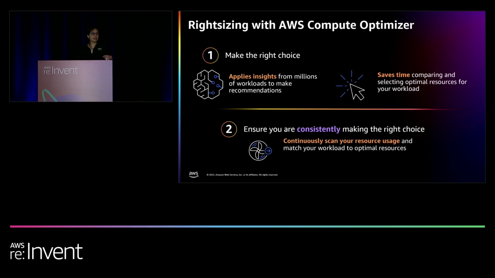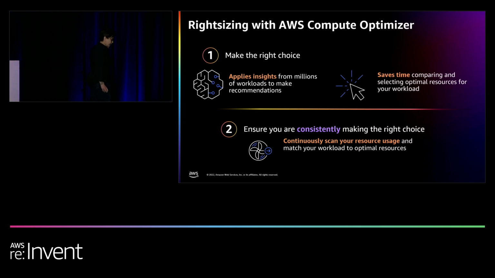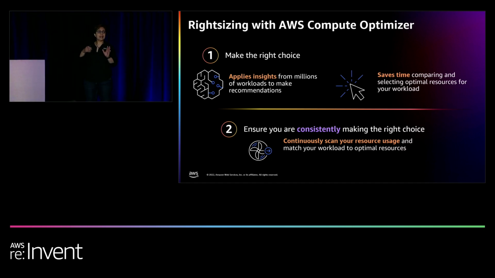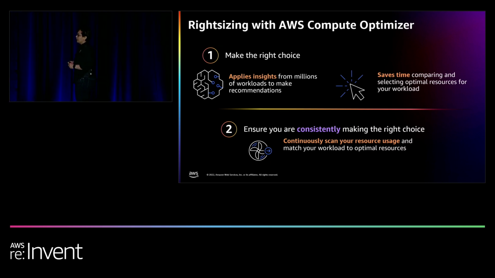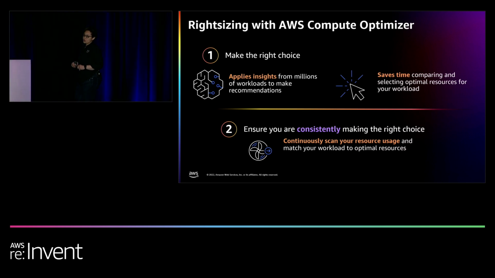So things like whether the application is memory intensive or CPU intensive, and the access pattern for the disk. Based on these characteristics, it tests that against heaps of other hardware, then recommends the best instance type, size, and number for your application or for your resource.